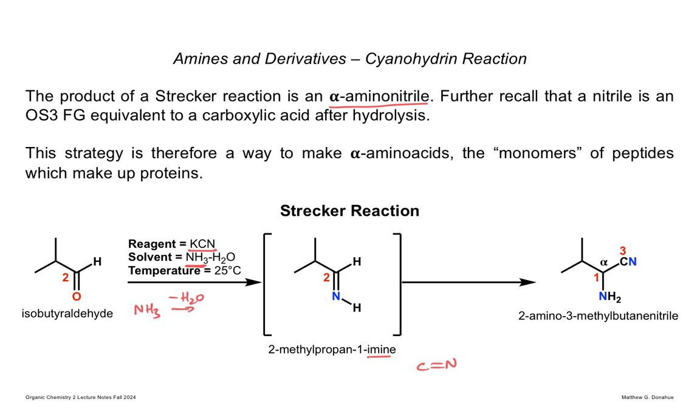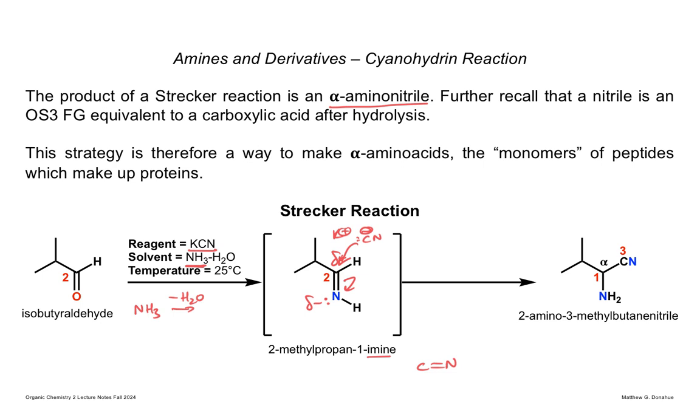And so nitrogen has the lone pair, just like the carbonyl group, where the oxygen is delta minus and the carbon is delta plus. So the cyanide anion will attack that. And after a proton transfer, you get the alpha amino nitrile.